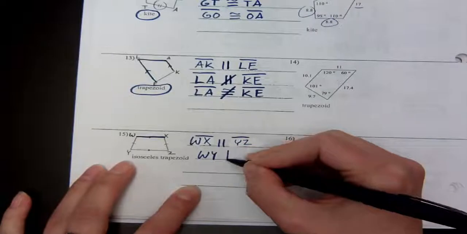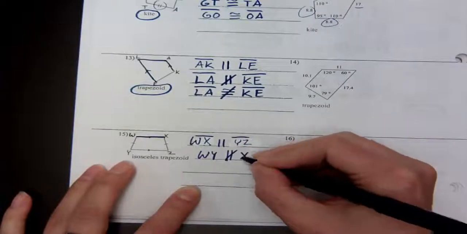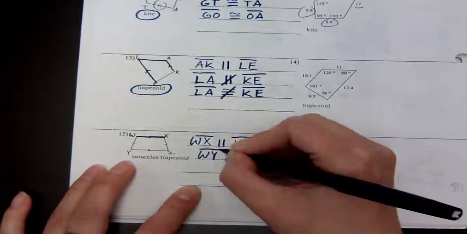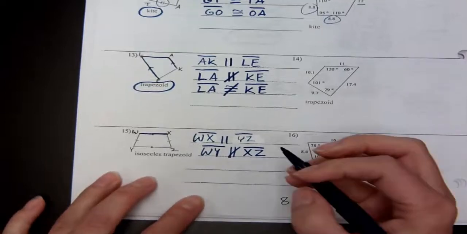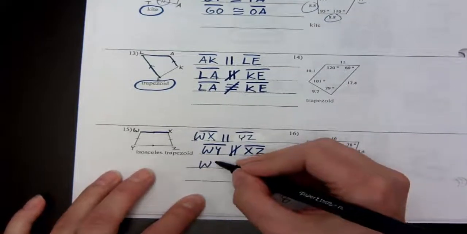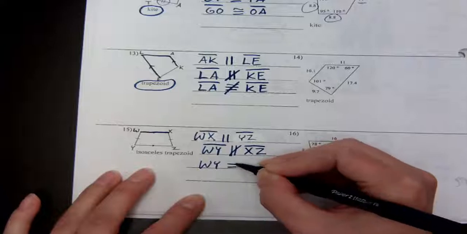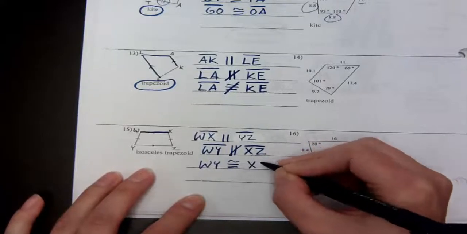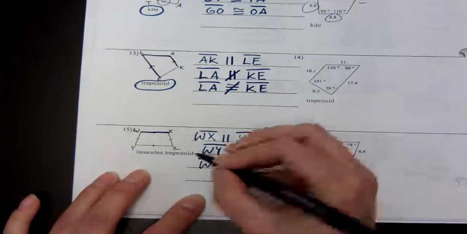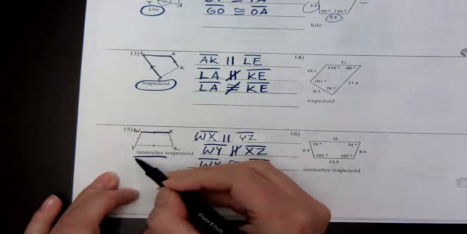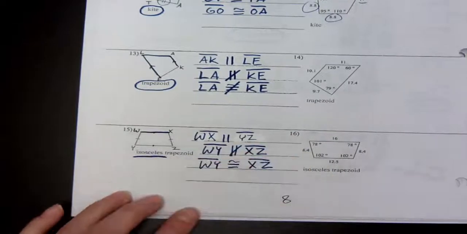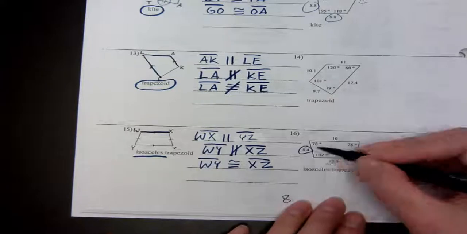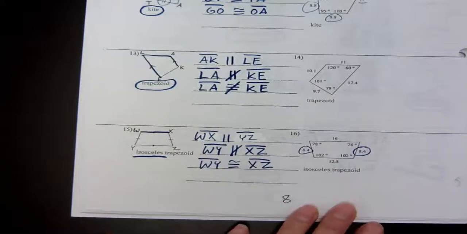WY is not parallel to XZ. And this time WY does equal XZ. And so that's what makes it isosceles. If we have the two sides that equal each other, it's isosceles. So whether it's shown this way or shown with the matched numbers, that is isosceles.